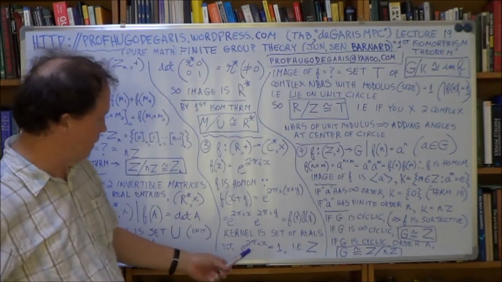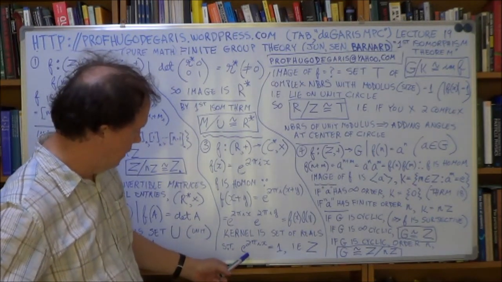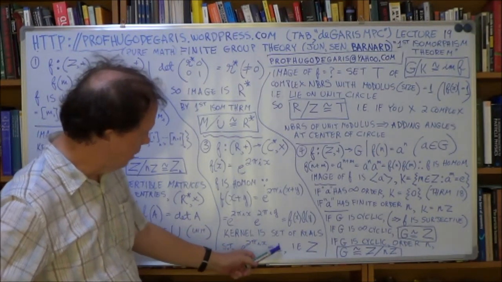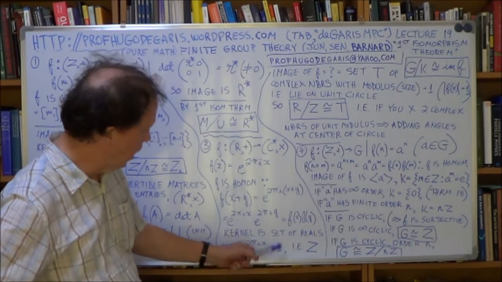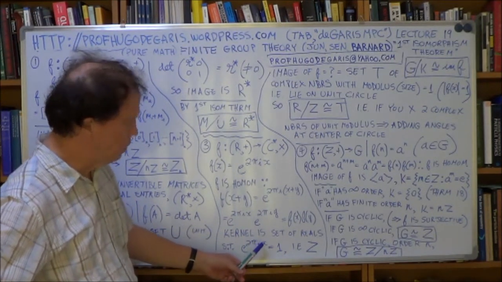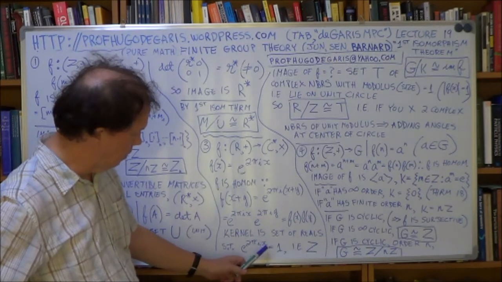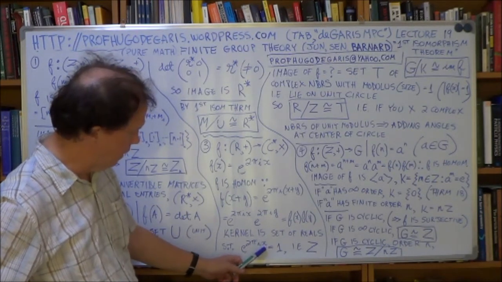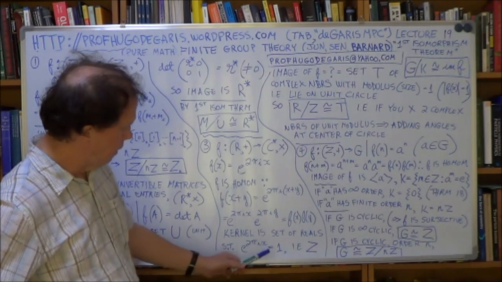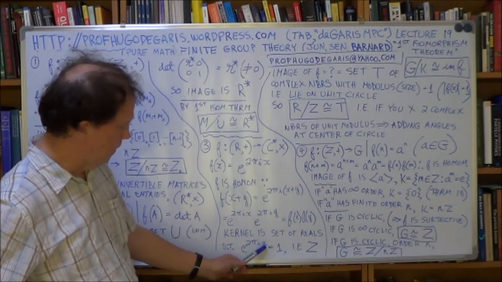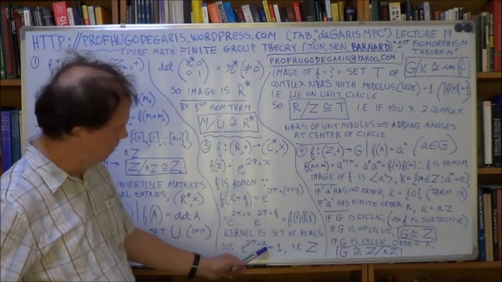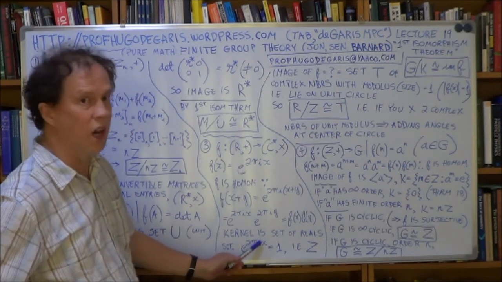All right, so e to the 2 pi i x has got to be 1. That puts restrictions on what values x can have, and in fact x has to be an integer. Can you see that? Because e to the 2 pi i is 1.